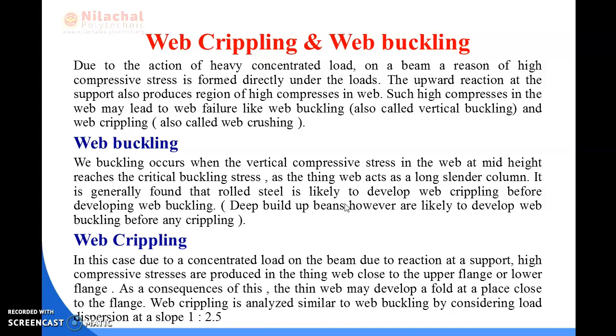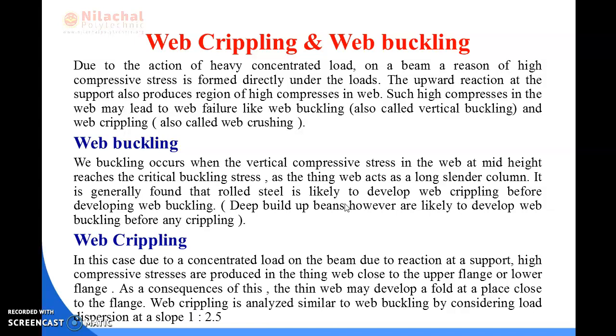It is generally found that rolled steel is likely to develop web crippling before developing web buckling. Web crippling is due to a concentrated load on the beam or due to the reaction at the support. High compressive stresses are produced in the thin web close to the upper flange or lower flange. As a consequence, the thin web may develop a fold at a place close to the flange.